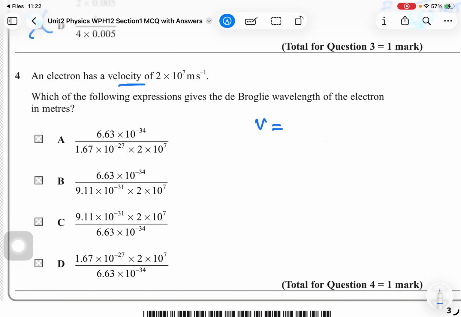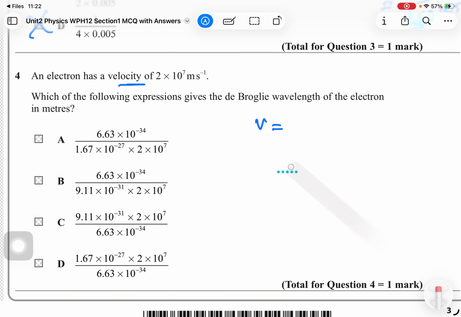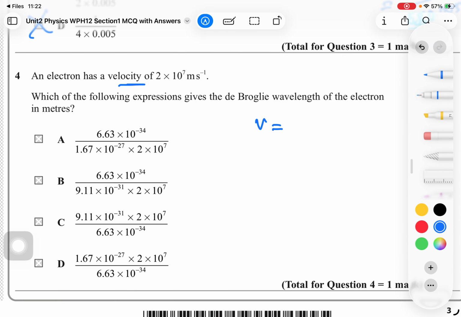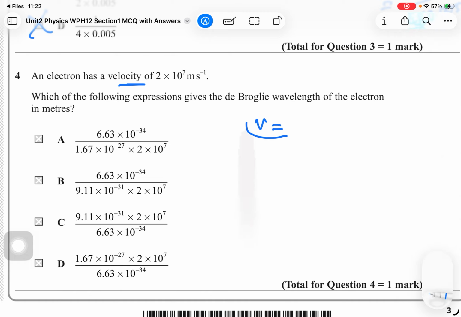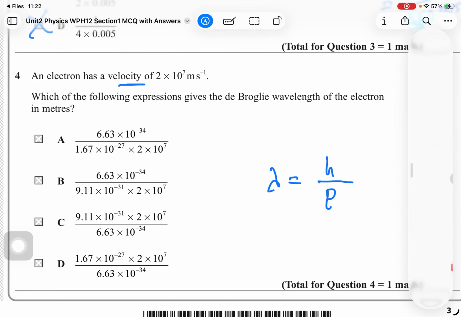We know the de Broglie wavelength equation: lambda equals the Planck constant divided by the momentum, which is h divided by mv.